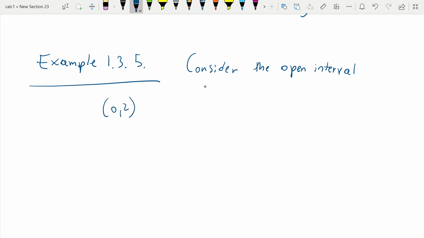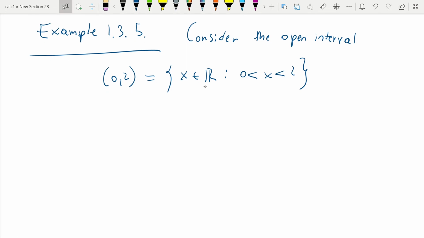This is something you're very familiar with. In case you have forgotten what it is, it's the set consisting of all the real numbers x such that x is in between 0 and 2, strictly greater than 0 and strictly smaller than 2.